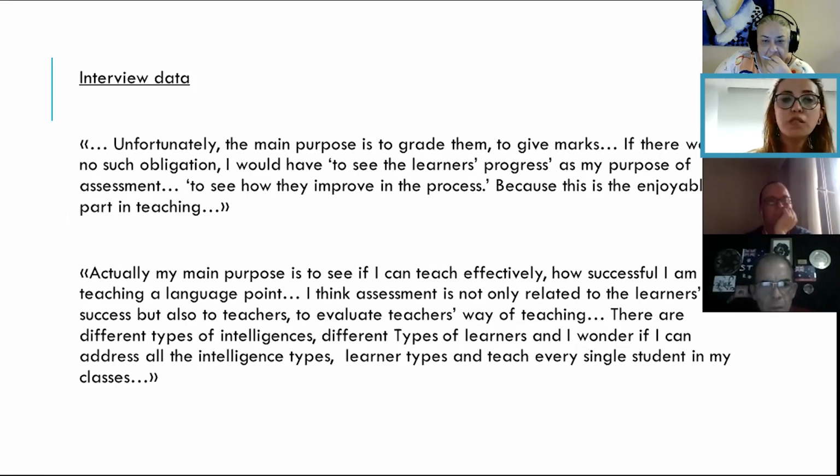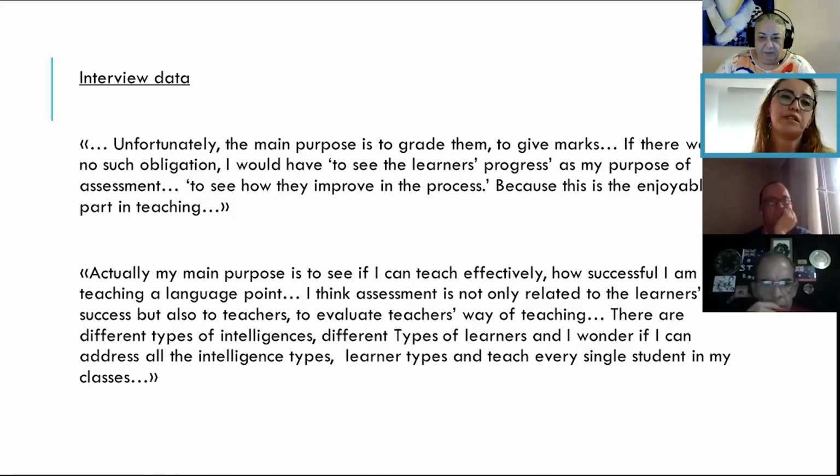If there was no such obligation, I would have the learners' progress as my purpose of assessment, to see how they improve in the process, because this is the enjoyable part in teaching. So here I can see that, and there were many answers like this teacher. I can see that this teacher is under pressure about grading, giving marks, I guess.